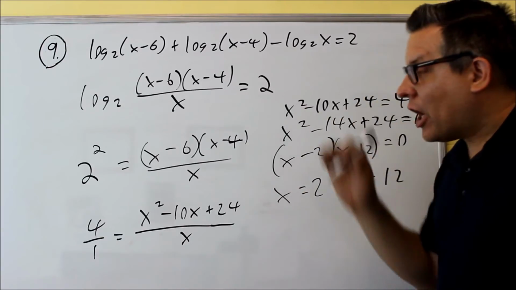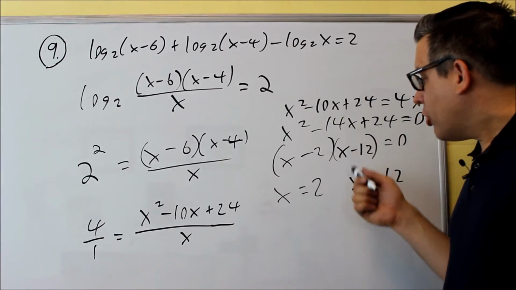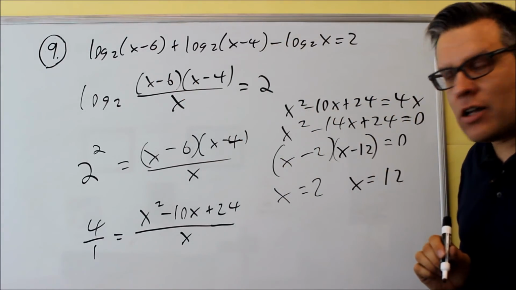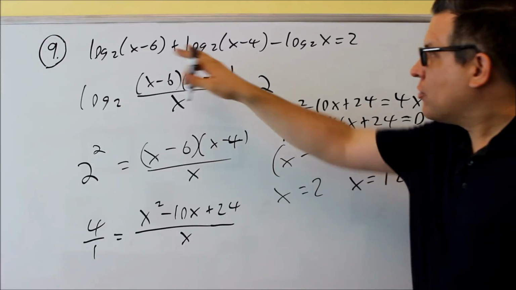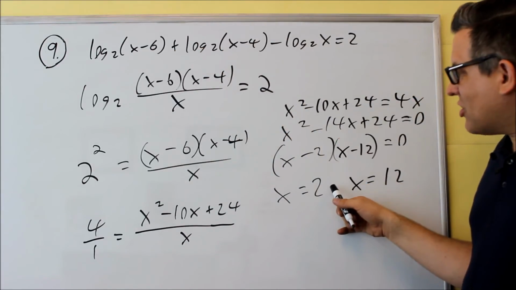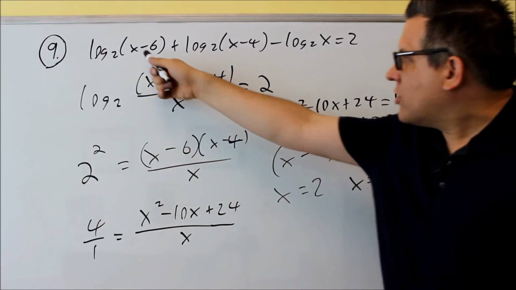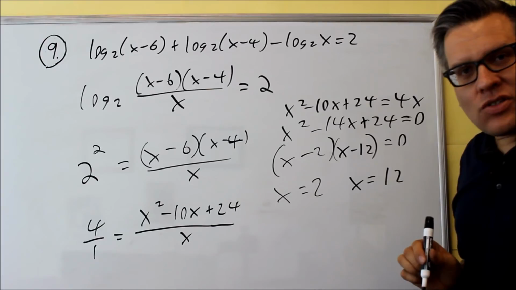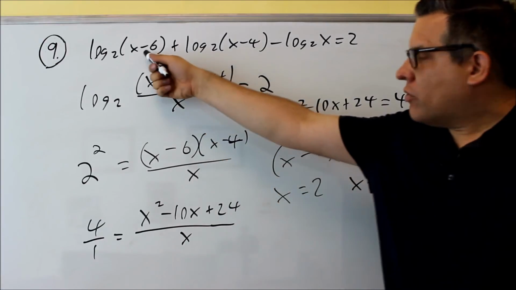Now on these log problems, you must put your answers back into the parentheses to make sure you don't get a negative inside the log. You don't have to actually algebraically check all those, but what we want to do is put this in. Now if I put 2 in, for instance, into the first one, I get a negative inside there. So I know that's not going to work.